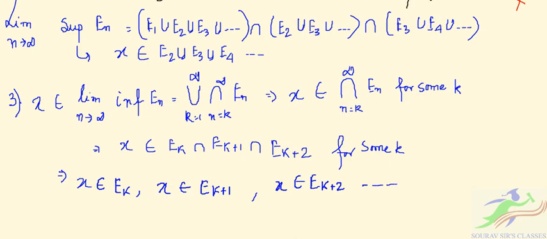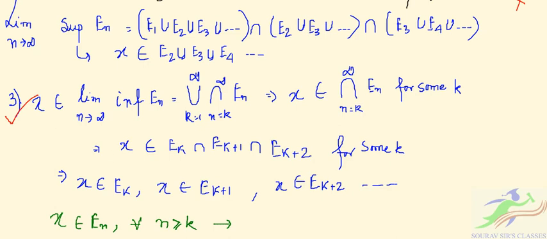So we can write that x is in En for all n greater than or equal to k. So in this case option 3 is the right one, the correct option.